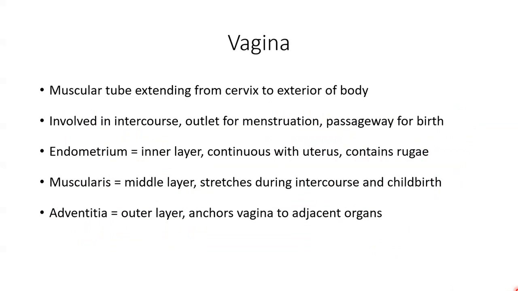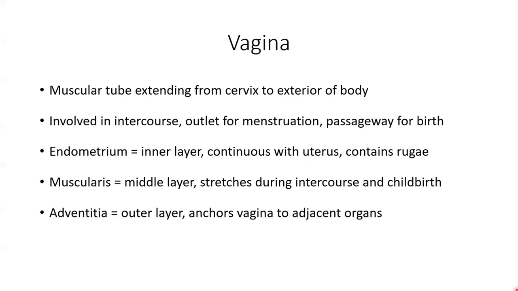So once more, recapping all of that in text, we have the vagina, which is a muscular tube lined by a mucous membrane. It extends from the cervix of the uterus to the exterior of the body. The vagina receives the penis during intercourse, is the outlet or passageway for blood during menstruation, and is the passageway for childbirth.